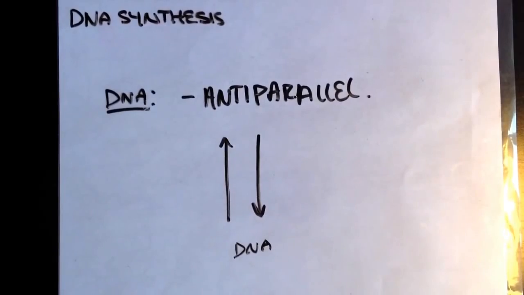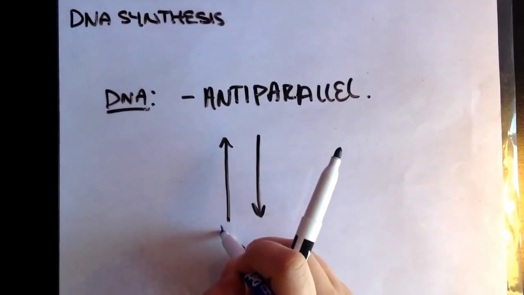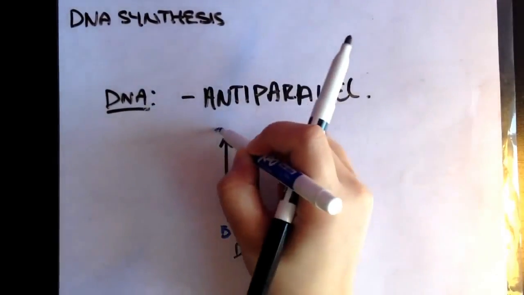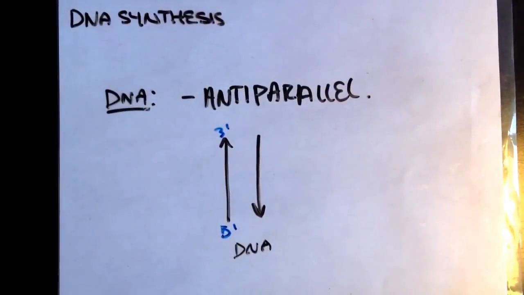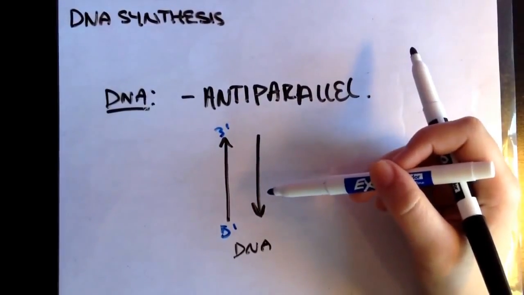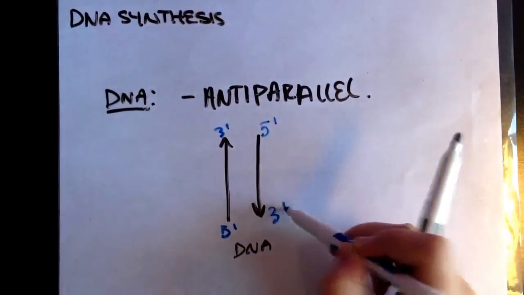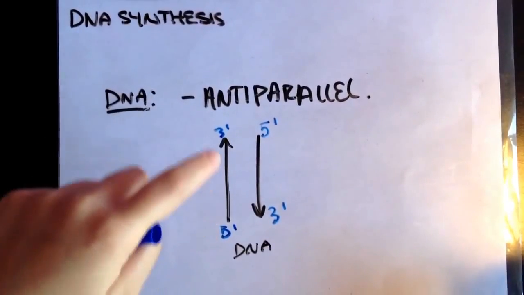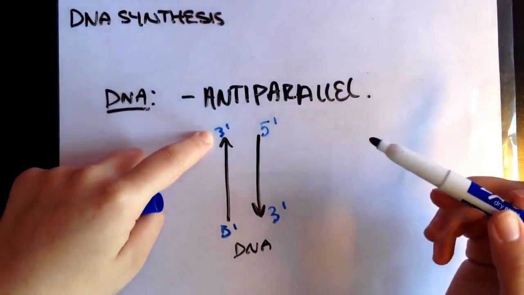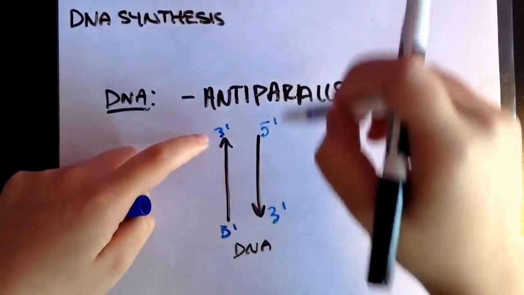Now, to further understand the whole concept of DNA and anti-parallels, you must understand that one of them is always moving in a 5' to 3' direction. And since it's anti-parallel, that means the other strand is going to be moving in the opposite direction. So if this is moving from 5' to 3', this is going to move from 3' to 5'.